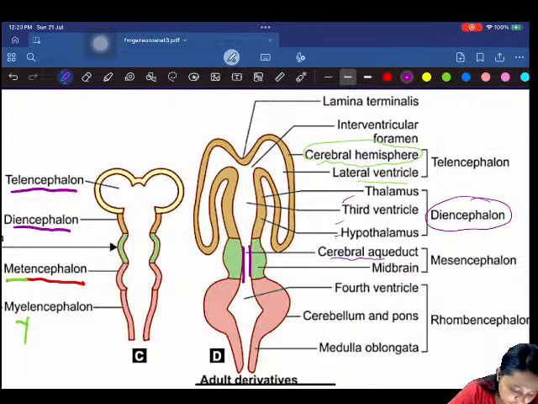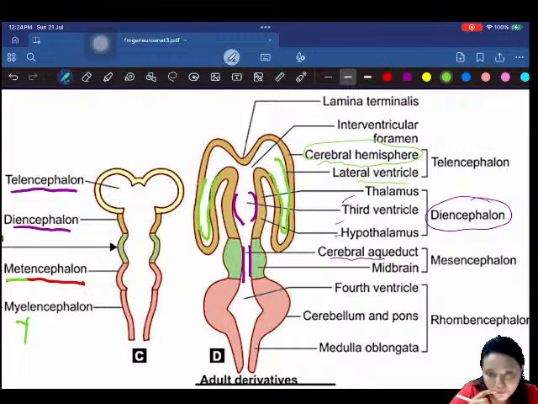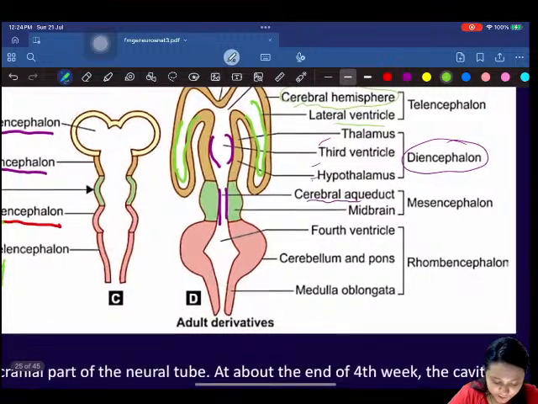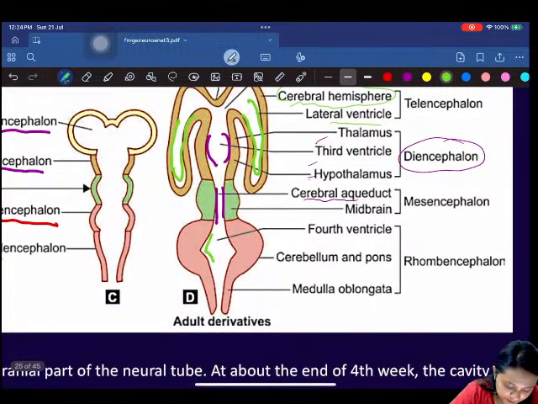The cavity of the diencephalon is the third ventricle, and the cavity of the telencephalon is the lateral ventricles. These are the cavities. Then in the rhombencephalon, you have a cavity, that is the fourth ventricle. And from the rhombencephalon you have the cerebellum, pons, and medulla oblongata.